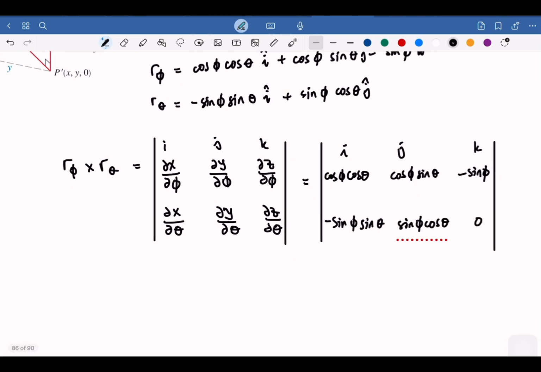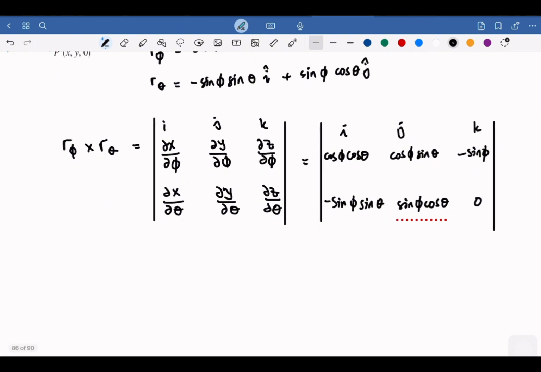Solving this, you get some results, but I will just write directly the magnitude of that. It turns out to be sine phi in the end. There are a lot of calculations, but you will see some cancellations and use of identities as well.